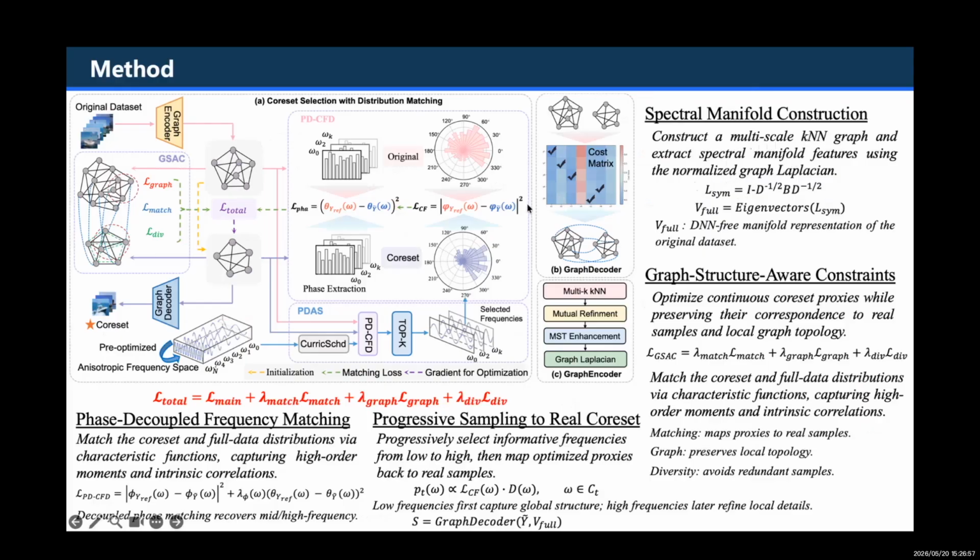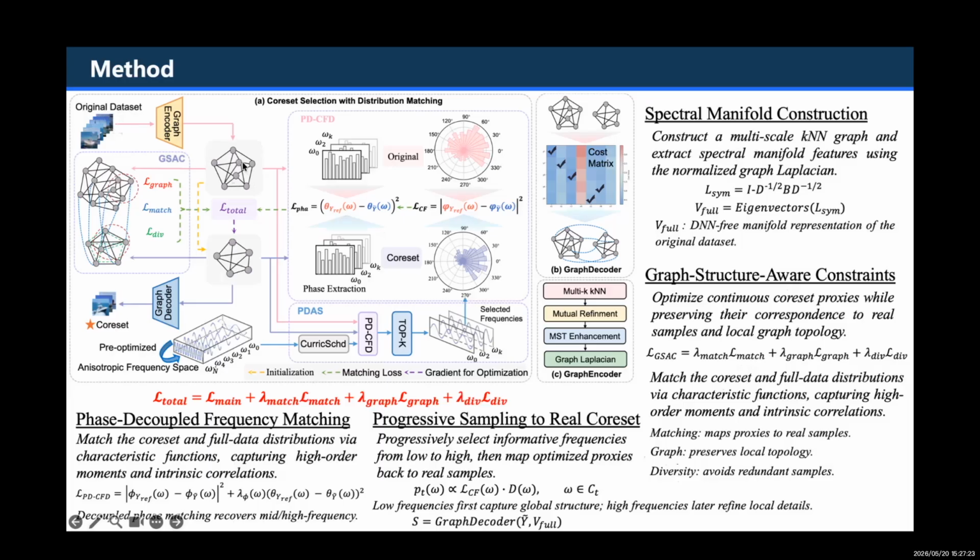We also design some graph structure-aware constructions to ensure the graph is a really good representation of the original dataset. See here the matching constraint, the graph constraint, and also the diversity constraint.